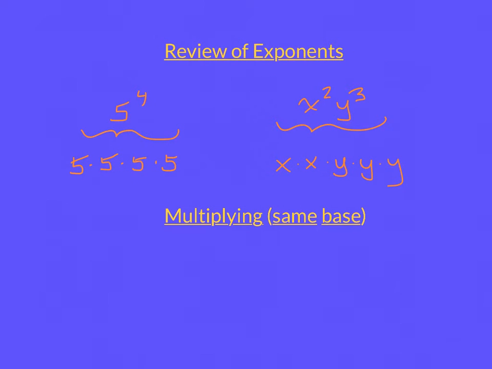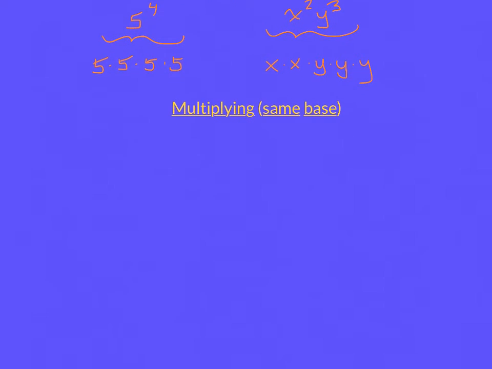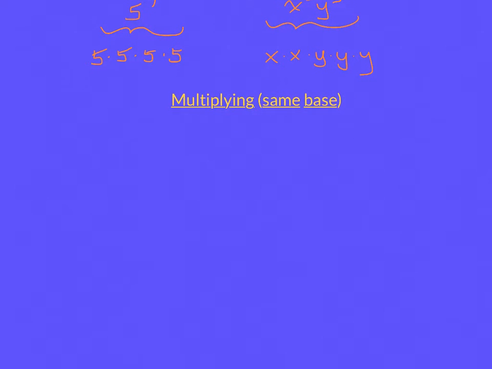All right, so quick, take a look at some products of powers with the same base. Keep an eye out for things that have the same base but might not look like it. So, for example, maybe 2 cubed times 4 squared.